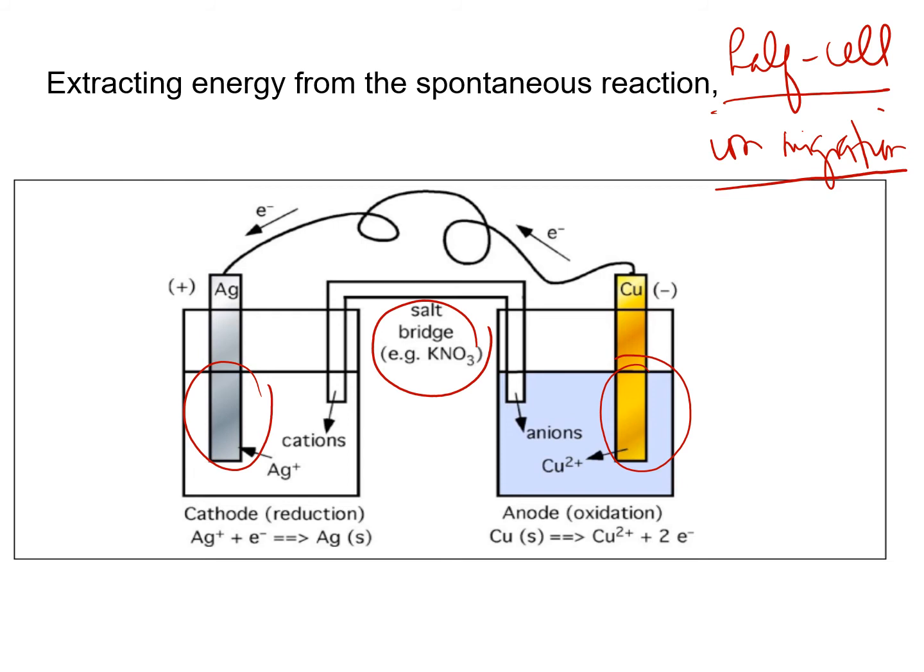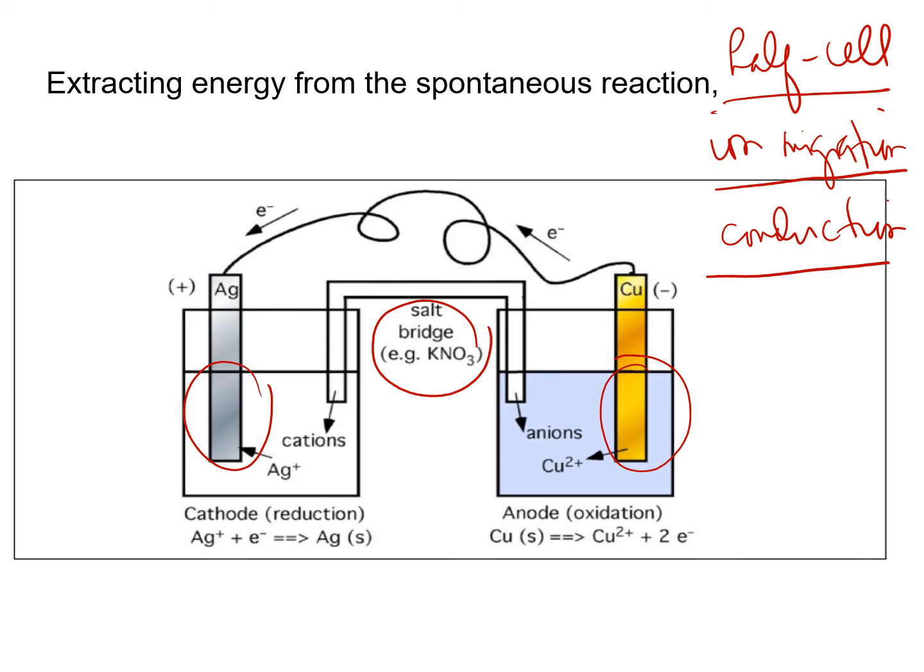Basically, the anions in the salt bridge migrate or move towards the anode, and then the cations migrate towards our cathode. We'll also describe how the conduction of charge now takes place.